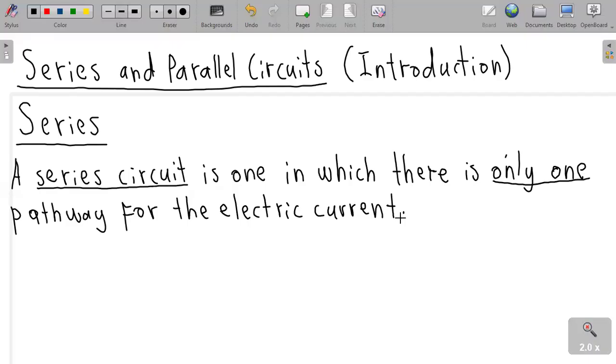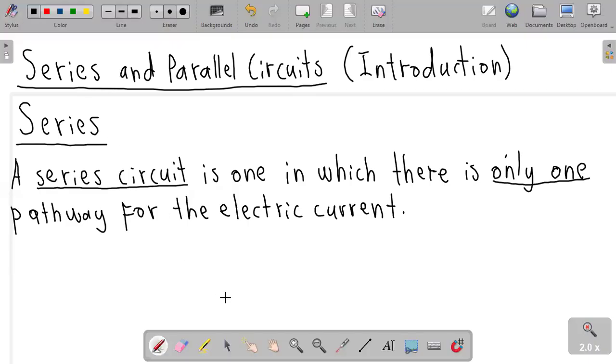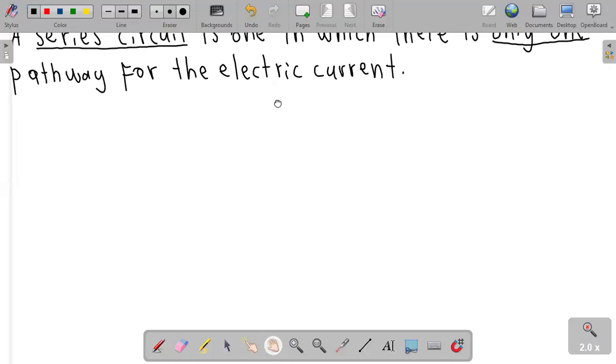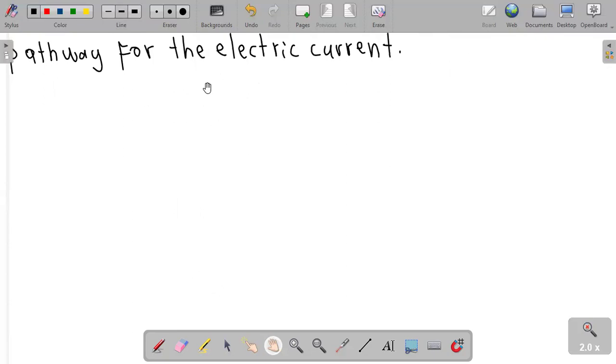So in a series circuit, there is only one pathway here. And that is what is important to remember about a series, because that's what makes it different from a parallel circuit.